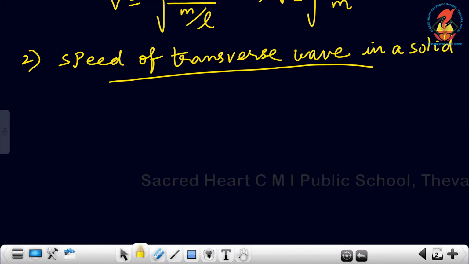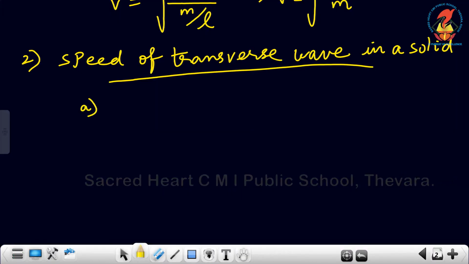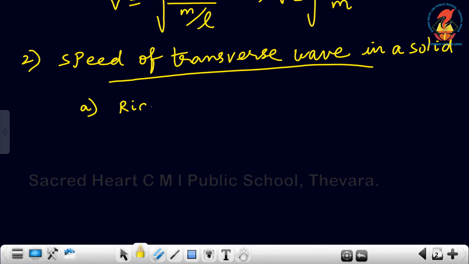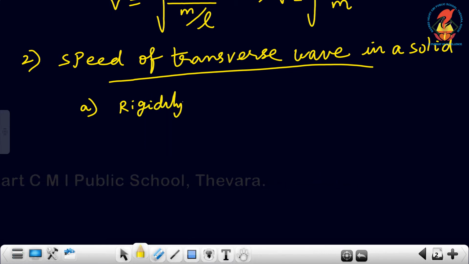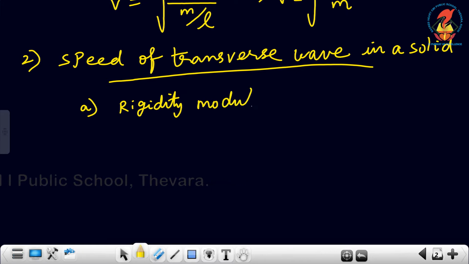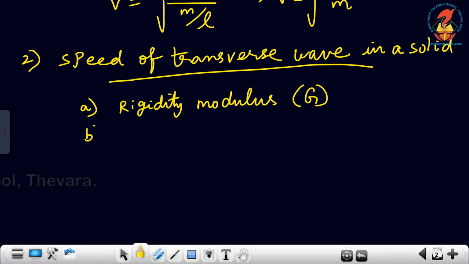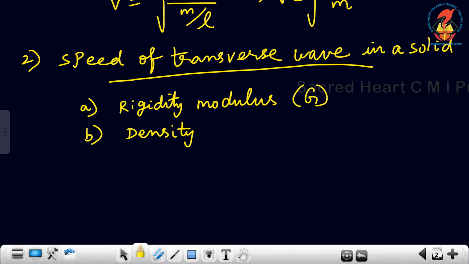So, I can write like this: it depends on two factors, rigidity modulus of elasticity, that is capital G, and second is density of the material, density of the medium. Here it is the solid medium, so density of the solid and rigidity modulus of the solid.